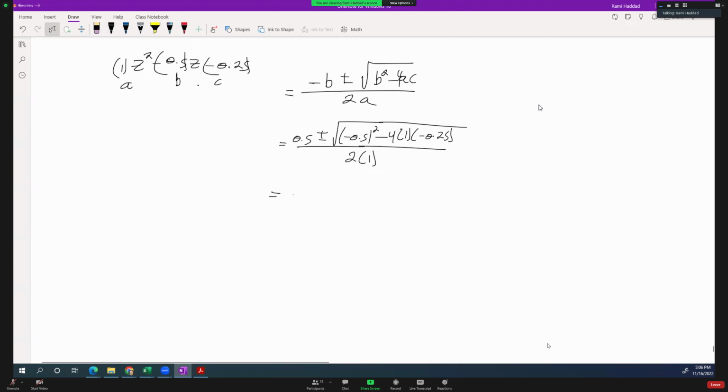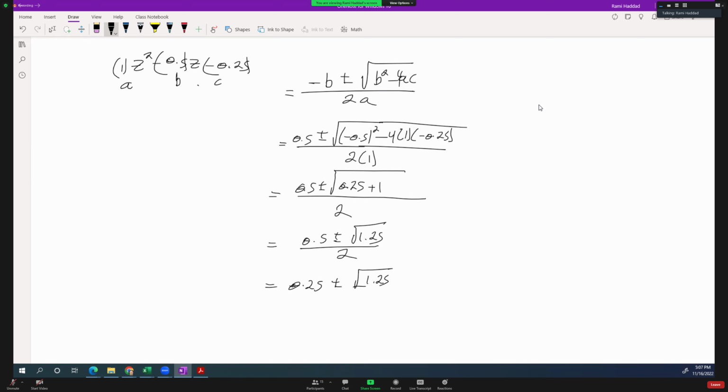So you do that, you end up with 0.5 plus or minus the square root of 0.25 plus 1 over 2, and this ends up being 0.25 plus or minus the square root of 1.25 over 2.